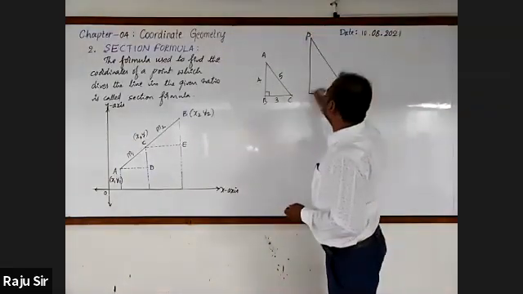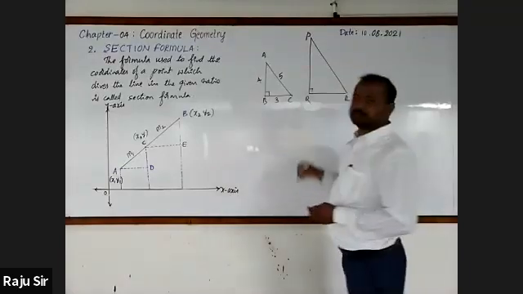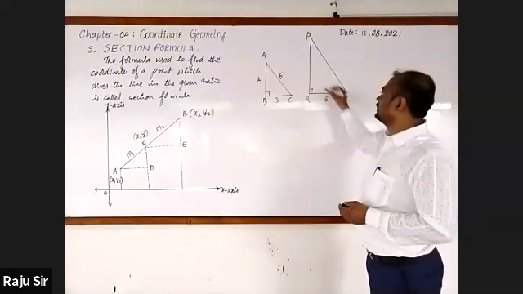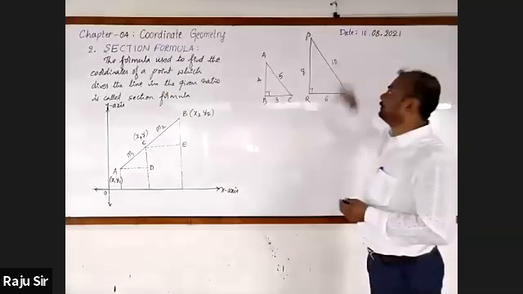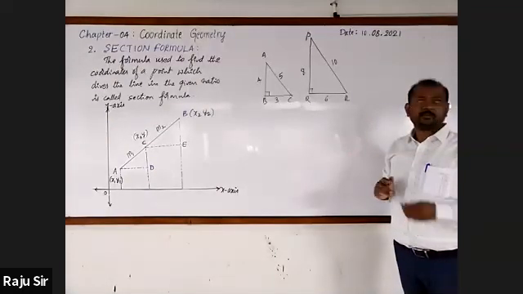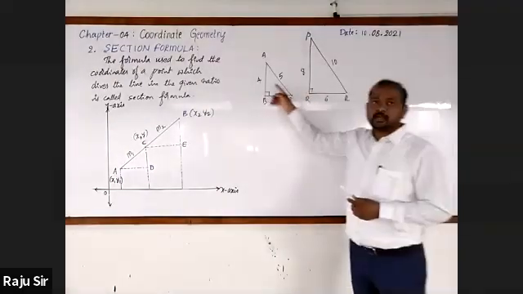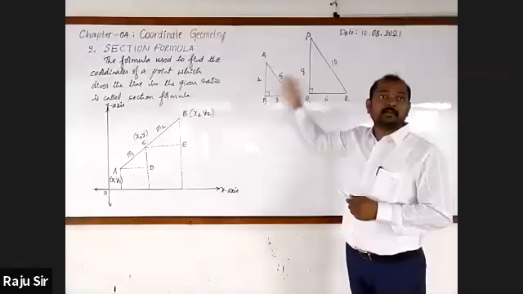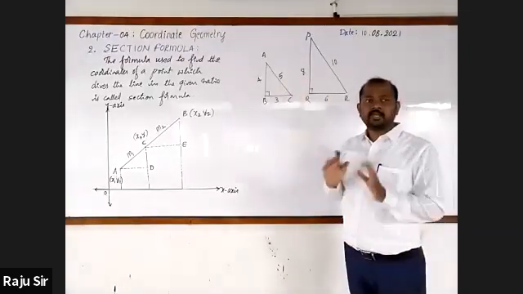Again, what type of triangle is it? Right angle triangle, such that the sides are 6 centimeter, 8 centimeter, and 10 centimeter. Followed? Yes, sir.